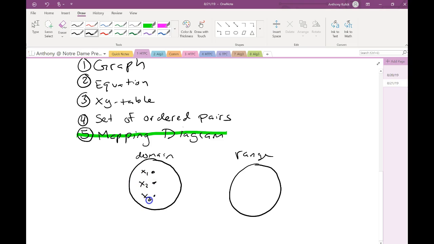Inside of the set D, let's say we have 3 elements. We'll call them x1, x2, and x3. Inside the range, we have 3 elements. We're going to call them y1, y2, and y3.